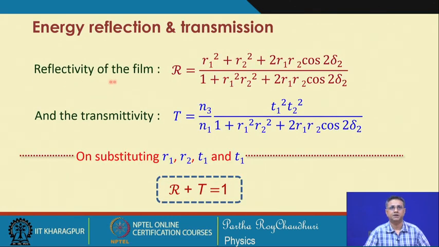So, we have this reflectivity of the film as this and the transmittivity of the film as this. If we take the sum of these two, we can again see the conservation of energy, that is the energy reflected and transmitted will be equal to 1, which is very simple to check.